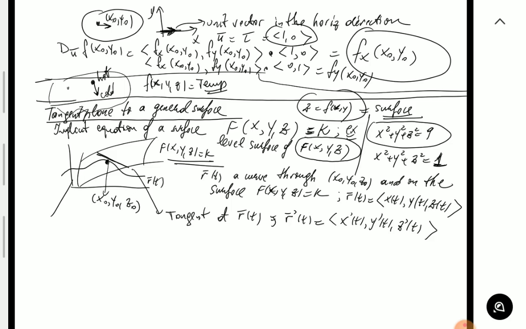Let's state mathematically what it means for this curve to be on that surface. It means that if I plug in the components of the curve, x of t, y of t, z of t, into the surface, I'm going to end up with a true statement, right? So f of x of t, y of t, z of t should be equal to k, a curve included in the surface.